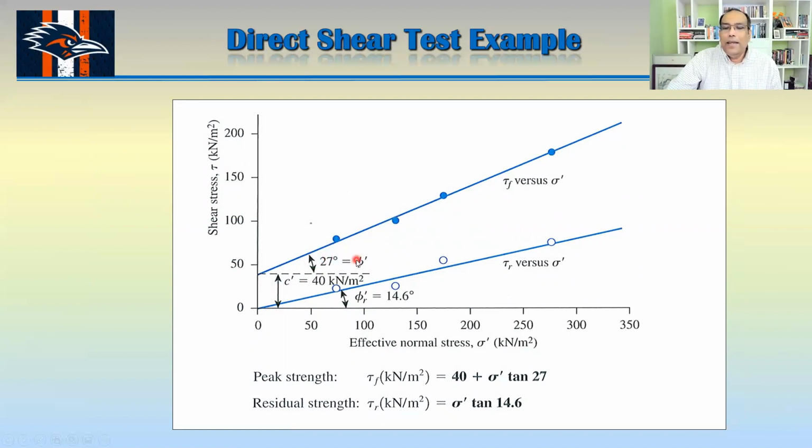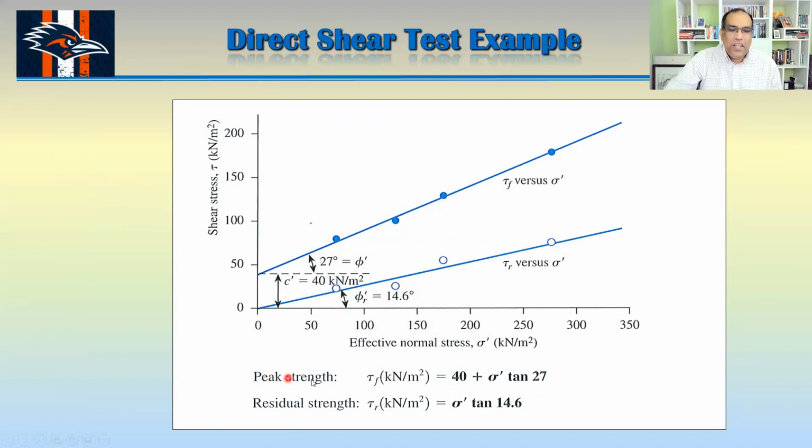Okay. Now you are drawing another curve here, which is in terms of normal stress versus the residual shear strength. So they have 4 points. If you draw the line here, this one goes to the origin and you get that angle, which is 14.6.